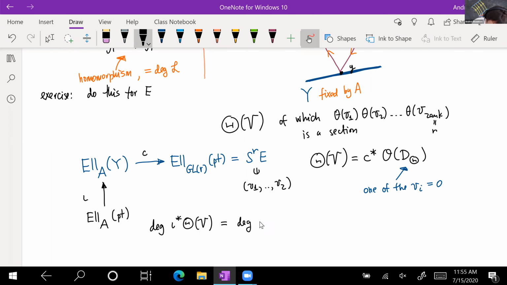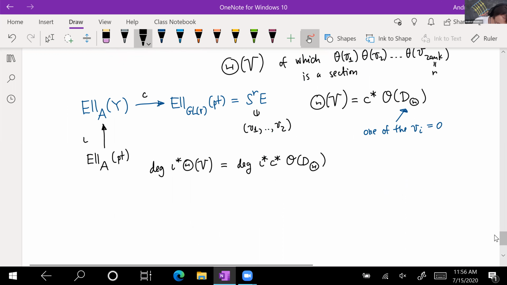Well, I have two pullbacks. So pullback by iota, pullback by this here. And so now I need, and so this would be saying, so here I have some coordinates. And so what is this map?